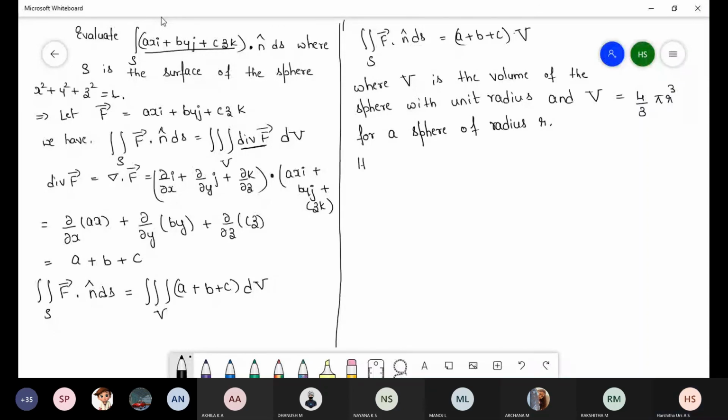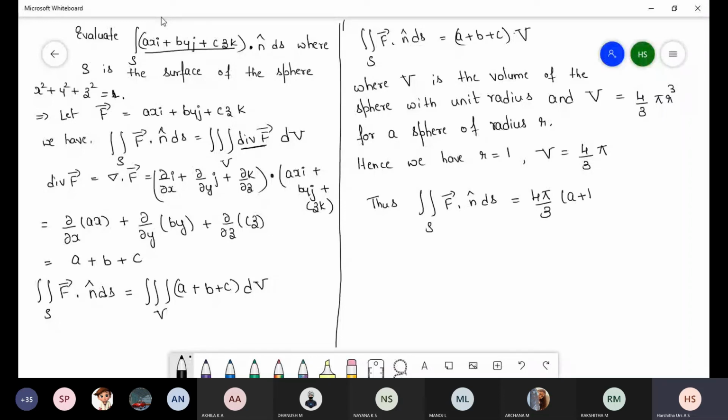Hence we have r is equal to 1, because they have given unit radius. Therefore, V is equal to 4 by 3 into pi. Thus, the double integral over the surface of vector f dot n cap ds is equal to 4 pi by 3 into a plus b plus c.